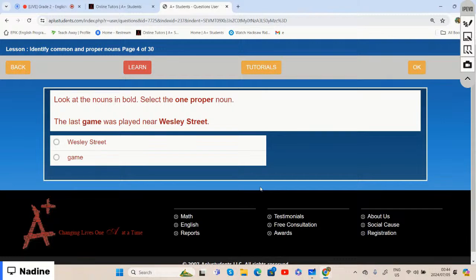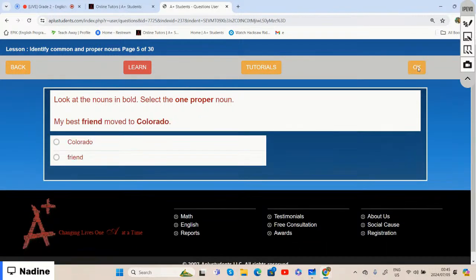Is it Wesley Street or game? All right, and if we were to select our proper noun, then it is Wesley Street.